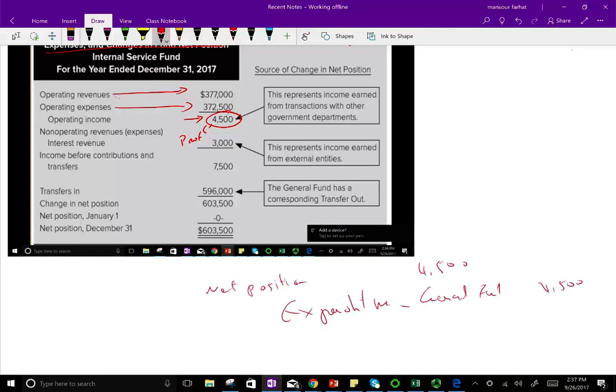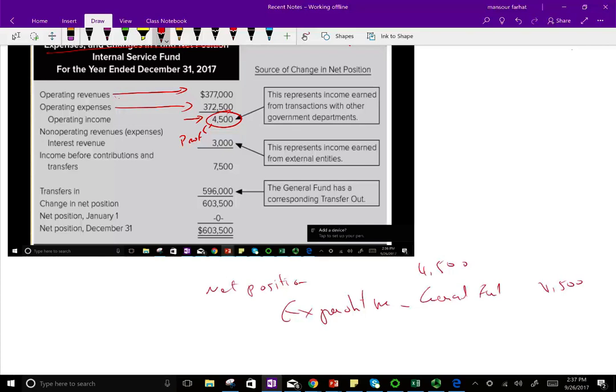Why do we do this? This is to correct the overstatement in the general fund. It's an expenditure for them, profit for us. Eliminate that profit and expenditure that are within the same government.